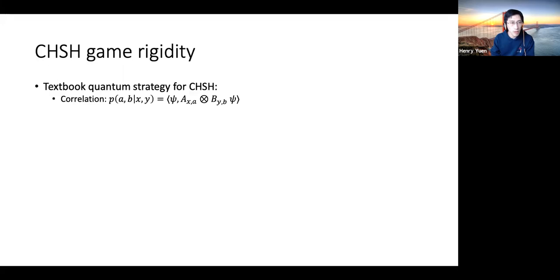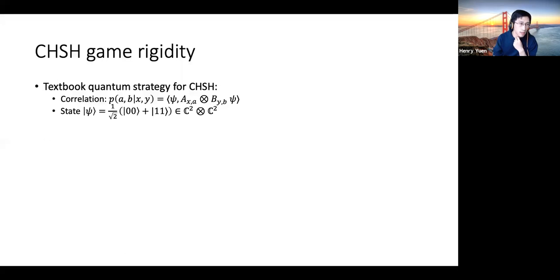When you open up a quantum information textbook, it gives you a description of a strategy for this CHSH game that wins with this 0.854 value. It's a simple correlation. All the dimensions of the Hilbert spaces are just 2, so the shared state is in C2 tensor C2.